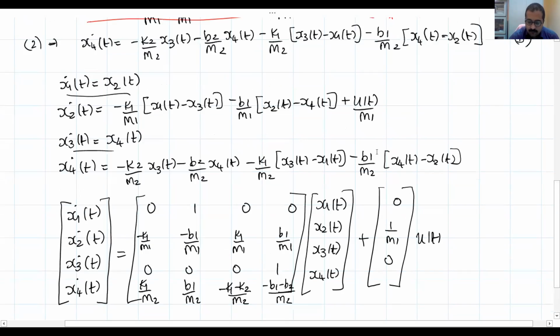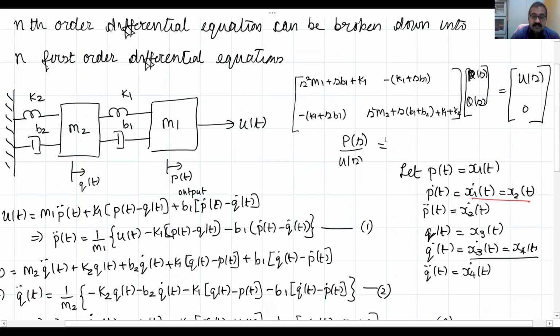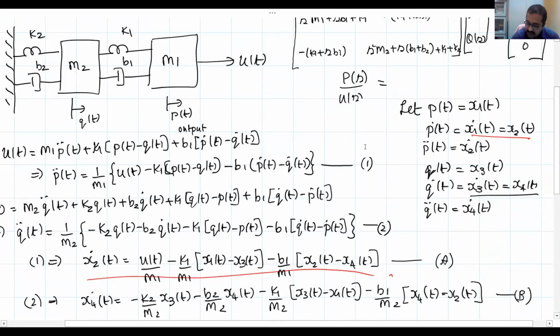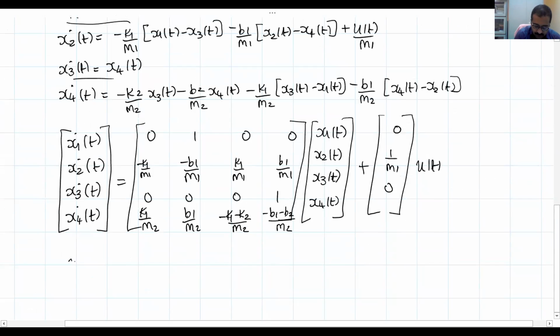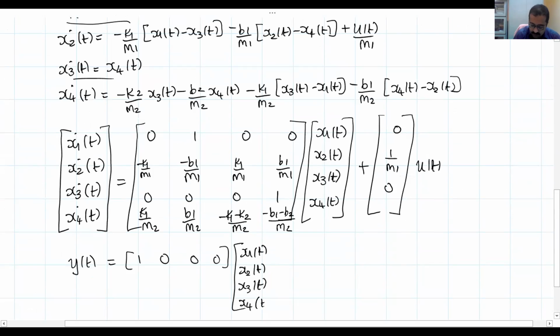And if p of t is given as the output variable, what was p of t here? p of t was x of t. So I can write my output y of t as 1, 0, 0, 0 into x1, x2, x3, x4, plus 0 into u.